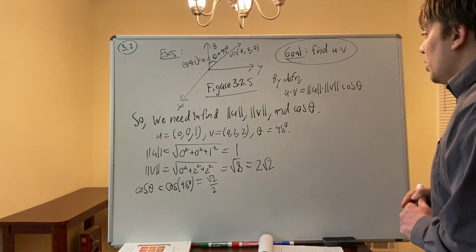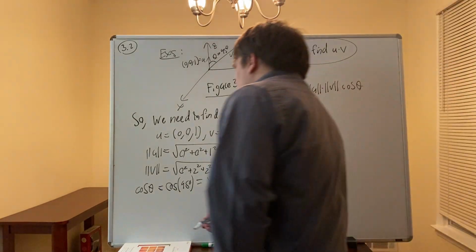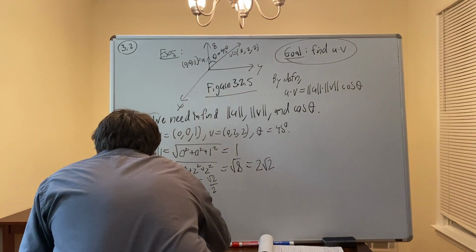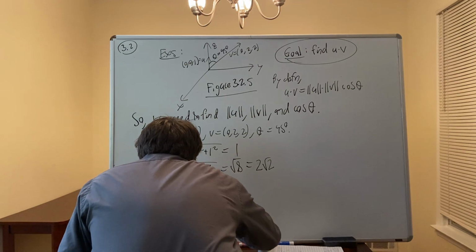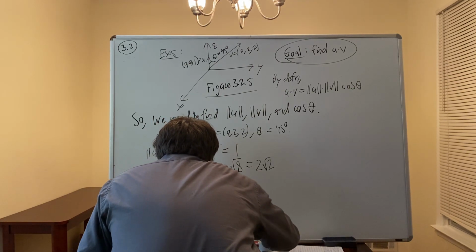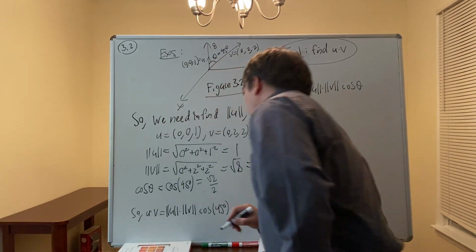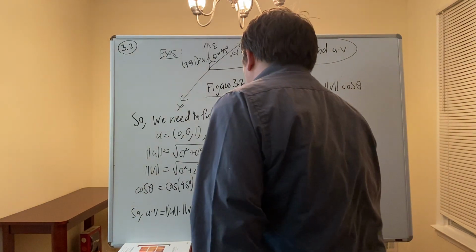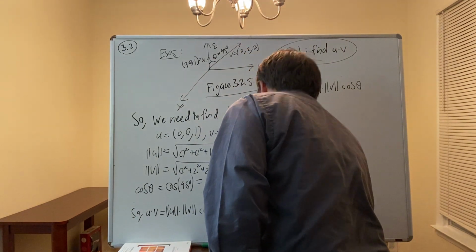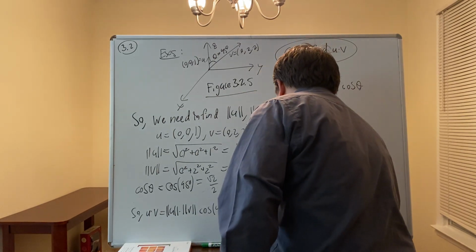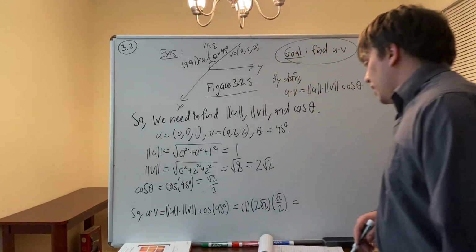So u dot v is equal to the norm of u times the norm of v times cosine of 45 degrees, because that 45 degrees is in between them. And so this is equal to 1 times 2 root 2 times root 2 over 2.